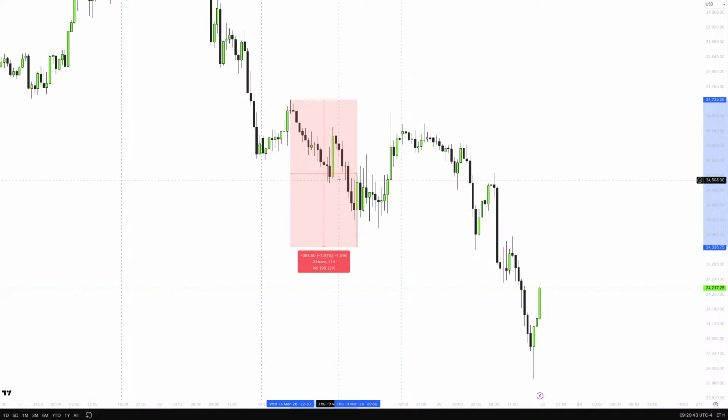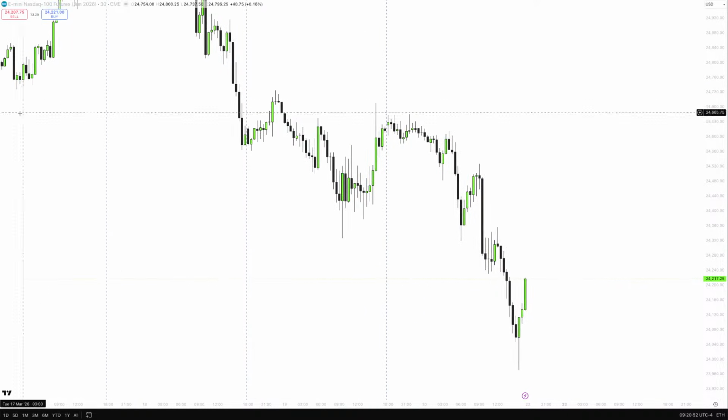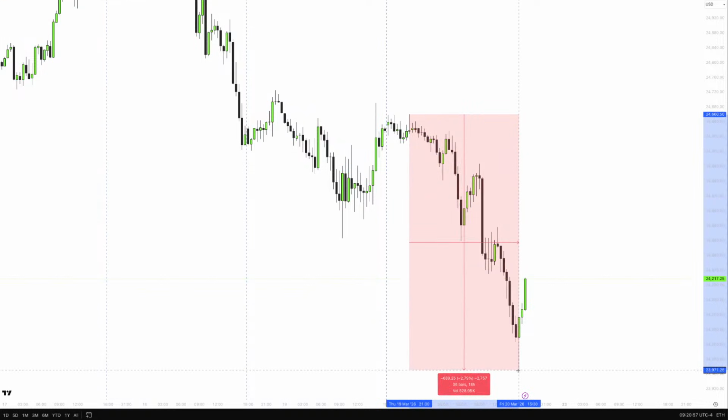So here we have on Thursday 398 handles. And what we did on Friday, we moved 689 handles. So that is kind of a big range.